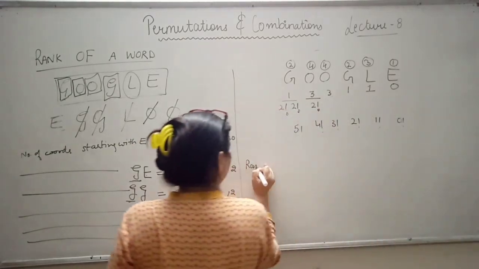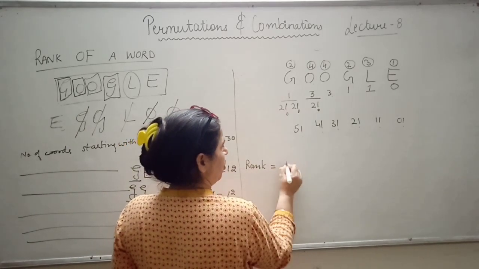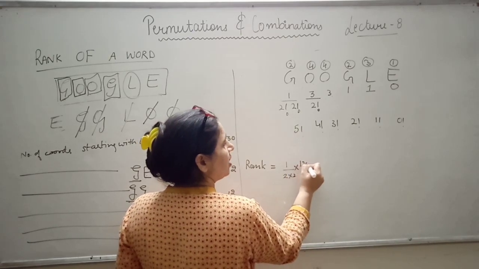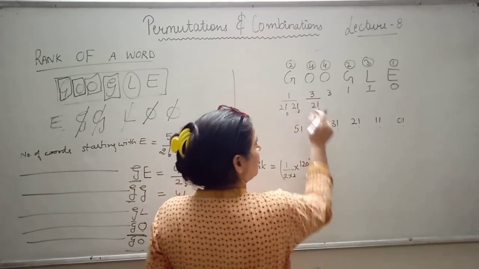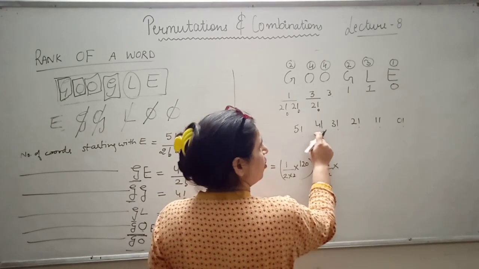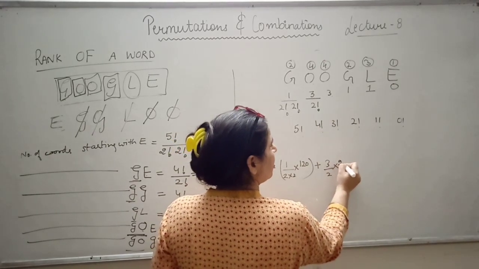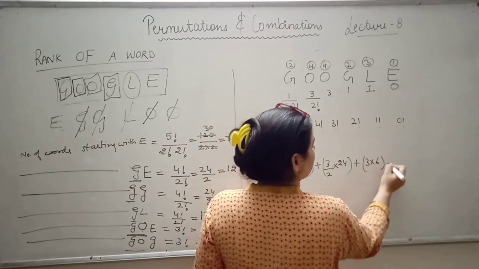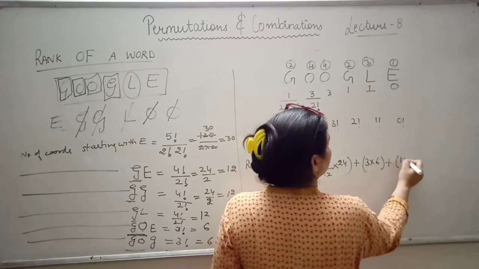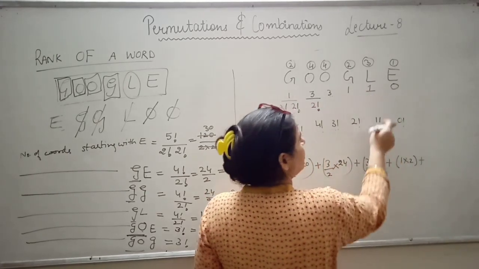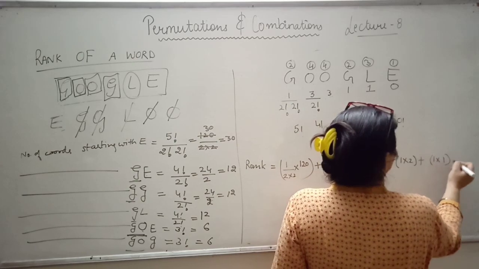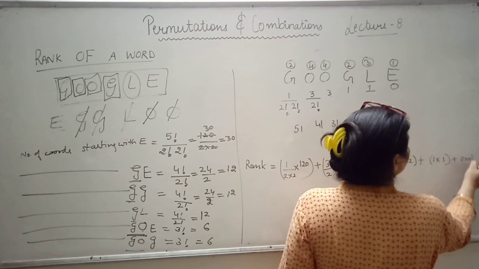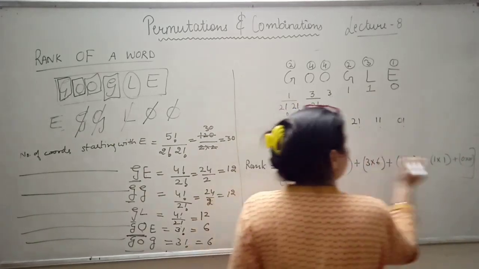So rank will be 1 upon 2 factorial, means 2, 2 factorial means 2, into 5 factorial 120, plus 3 upon 2 factorial means 2, into 4 factorial, that is 24, plus 3 into 3 factorial, 3 factorial means 6, plus 1 into 2 factorial, that is 1 into 2, plus 1 into 1, okay, and 0 into 0 factorial, and in the end we will add 1.